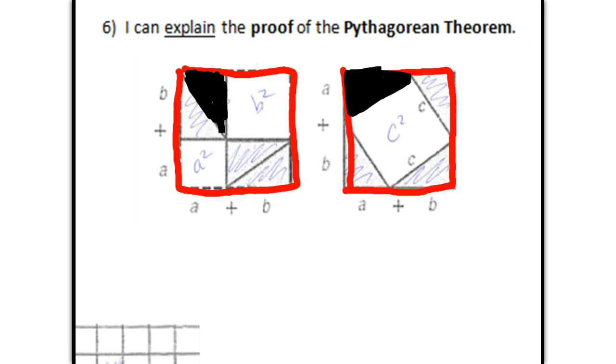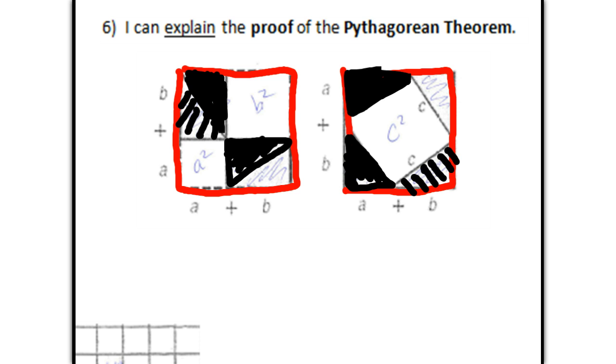So we started with the red areas equal. If we take out a black triangle, they're still equal. We take out another triangle from each side, they're still equal. Take out another triangle from each side, they're still equal. Still the same areas. Take out another triangle from each side, they're still equal areas.